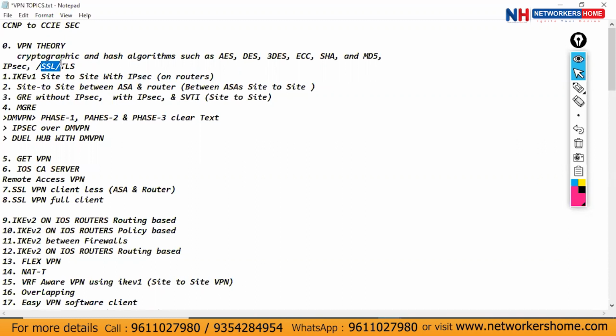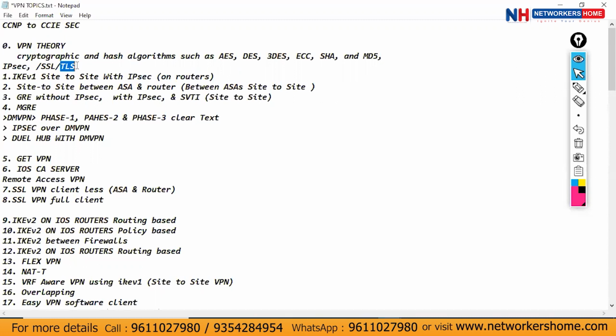SSL was a protocol, but now it has an advanced form called TLS. SSL and TLS are both in the market right now. It's not like SSL is outdated. We still use SSL, but SSL is no longer updated. The updated form of SSL is TLS. SSL was updated till 3.0, and from 3.0 there is no more SSL updating.